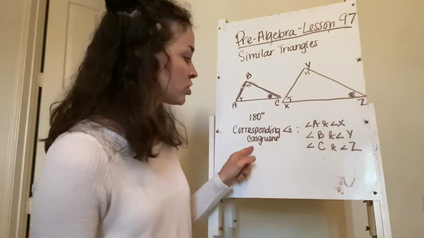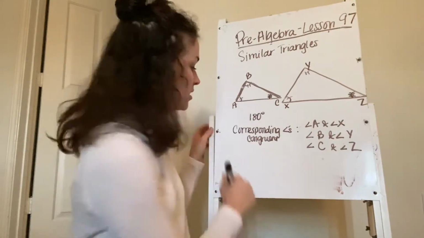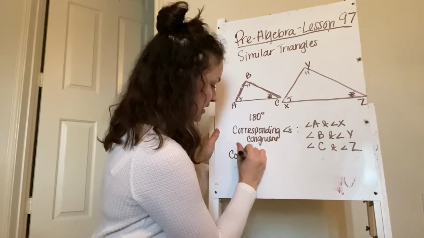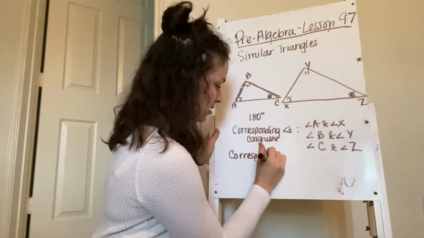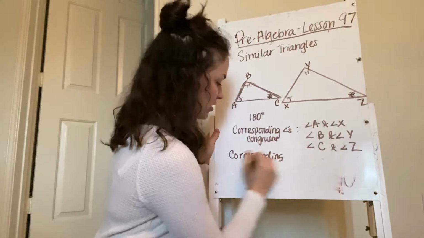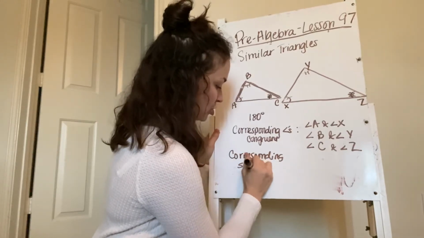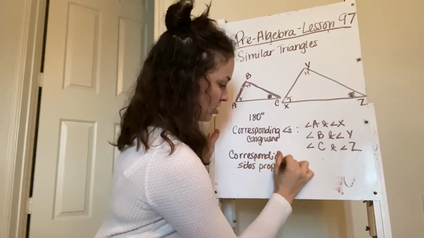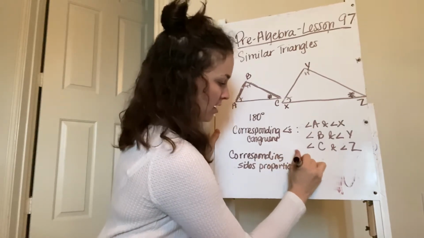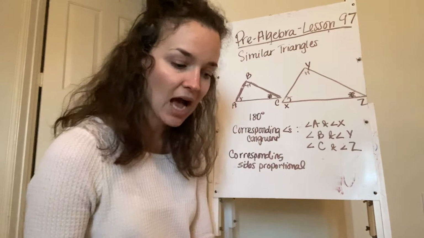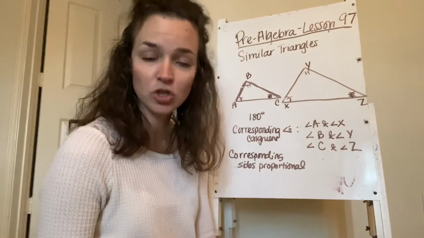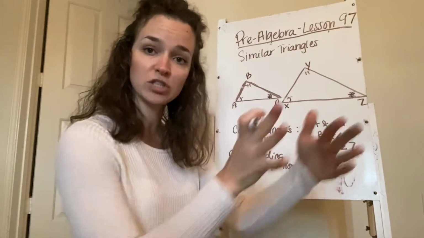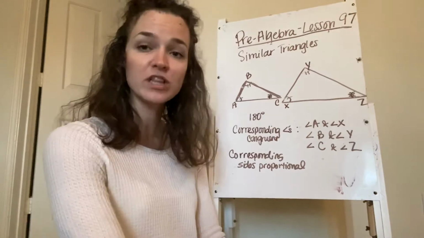While the corresponding angles are congruent, the corresponding sides are actually proportional, which should sound familiar because we have learned a lot about proportions. What that means is that I can set up ratios equivalent to each other to form proportions for the sides.